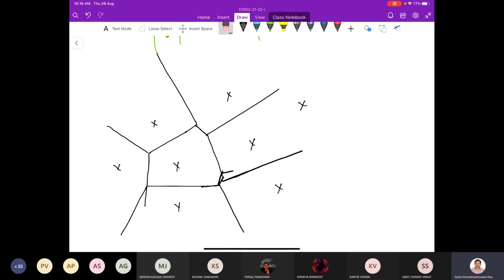I think this example has points a little close to each other, so that's why the bisectors become very close to each other. It is not coming nicely here. Sir, maybe you can remove one or two points if it doesn't affect much.